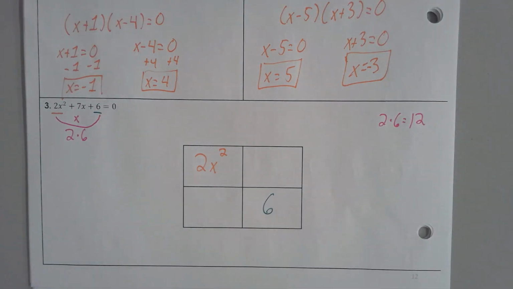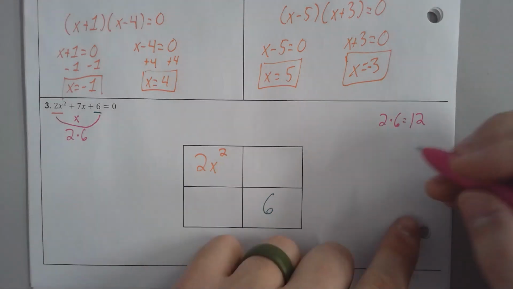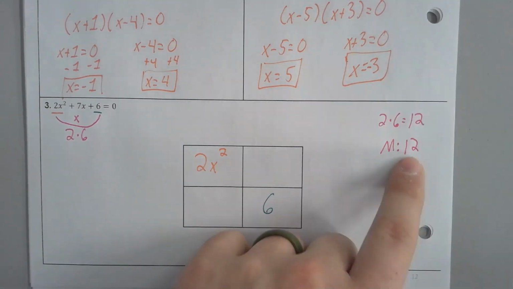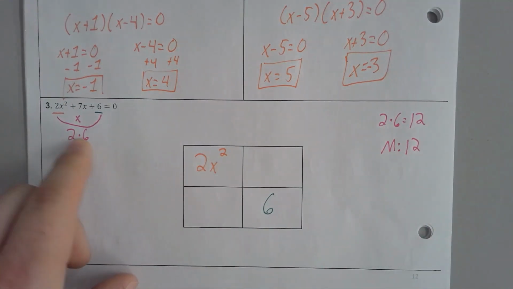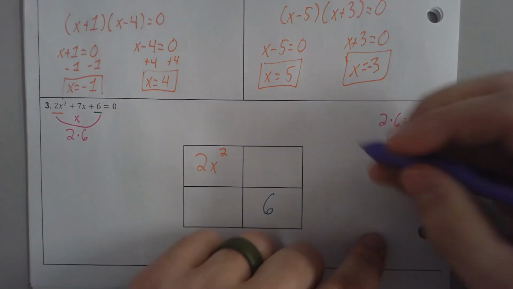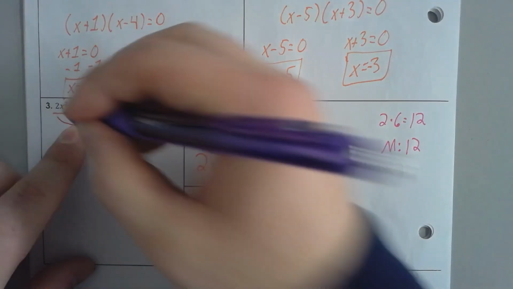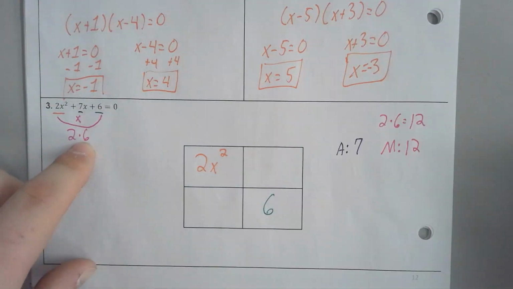So just like in the last two, where we found two numbers that multiplied to be our C and added to be our B, this time we're finding two terms that multiply to be 12, which we got from multiplying our A and our C. And still, they add to be our B term, which is 7.